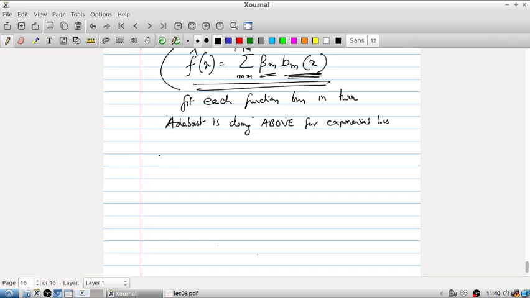Exponential loss L of y comma f of x, for a generic y and a generic f of x, is just e to the power minus y times f of x. This is the loss function. If you just want to write L of a comma b, comparing two numbers, it is just e to the power minus ab.